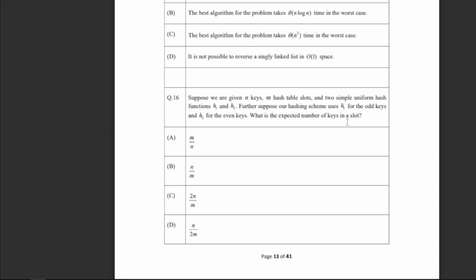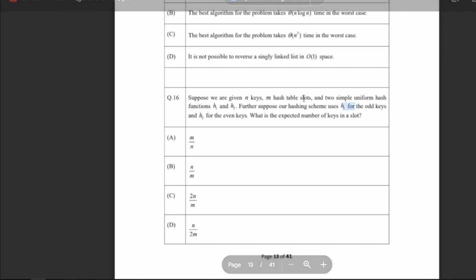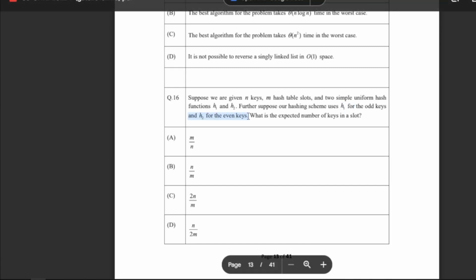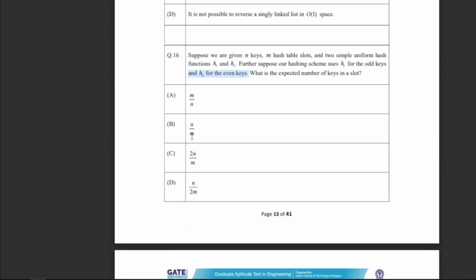For this that would be option B, which is n by m, because we have n keys, m hash table slots, and two simple uniform hash functions. So obviously that will be n by m, that is B, 16th is B.